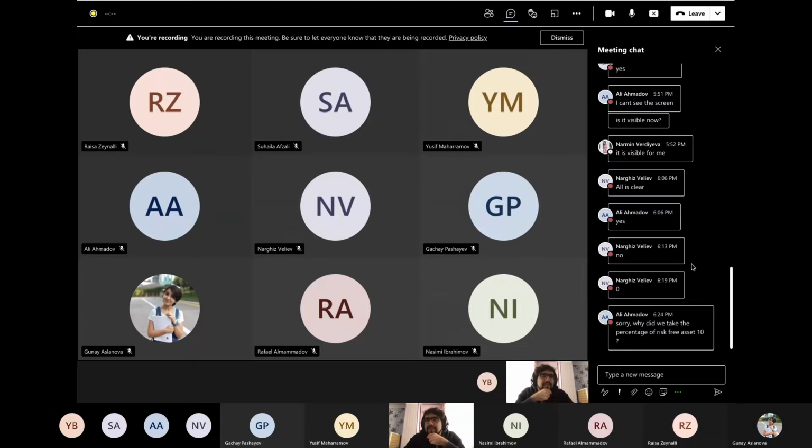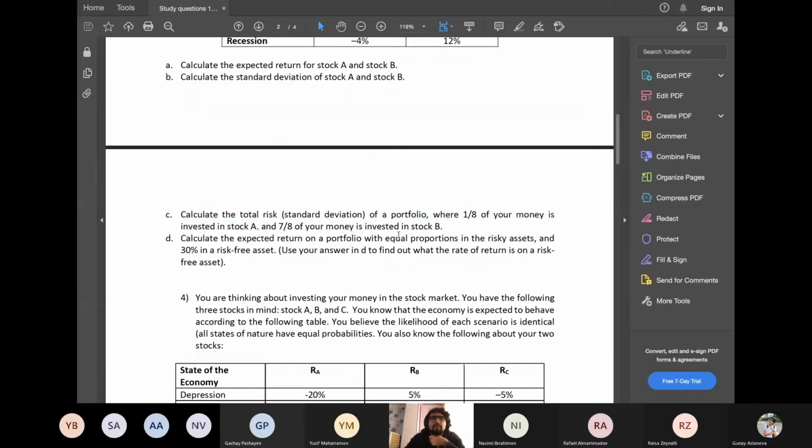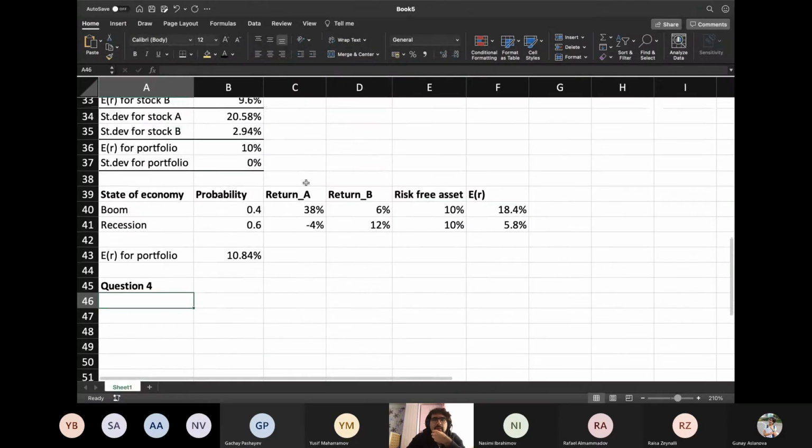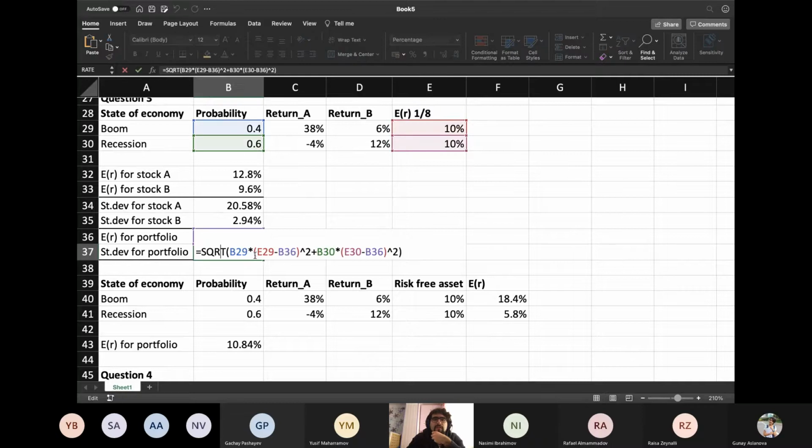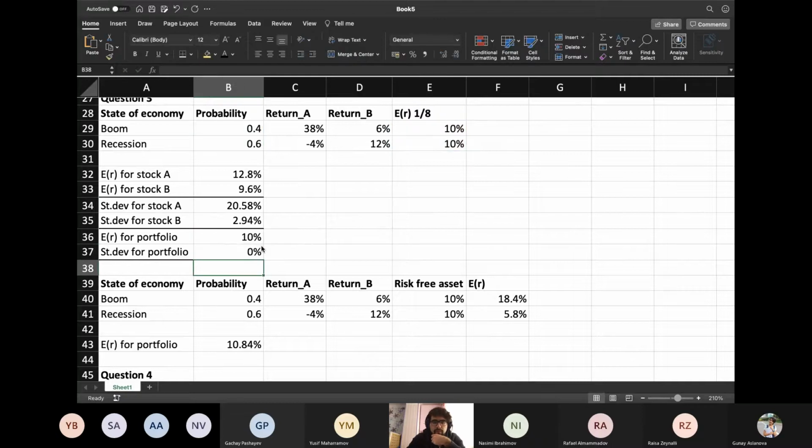Yes, Ali, we take the percentage of risk-free asset 10% because the question is asking like that. Use your answer in D to find out what the rate of return is on the risk-free asset. In D, it should be in C, because we found the risk-free asset in the C part of the question. If the standard deviation is 0%, it means it is a risk-free portfolio because the standard deviation is 0.